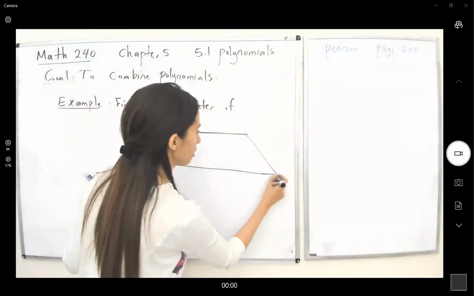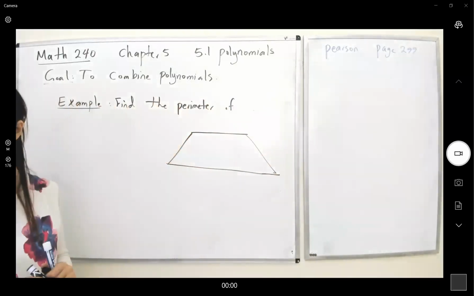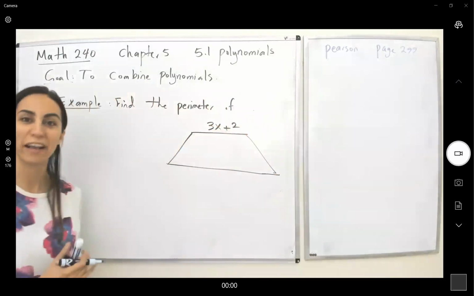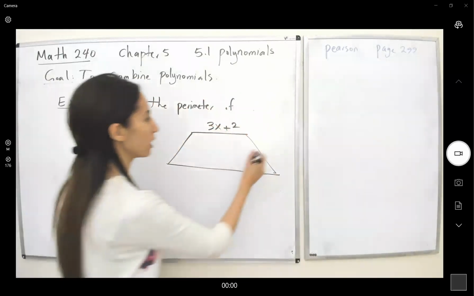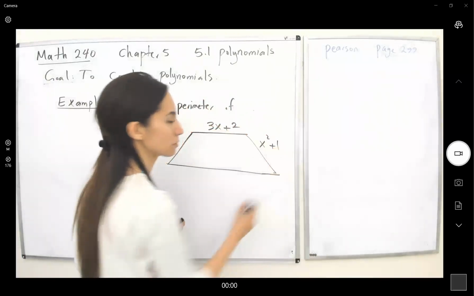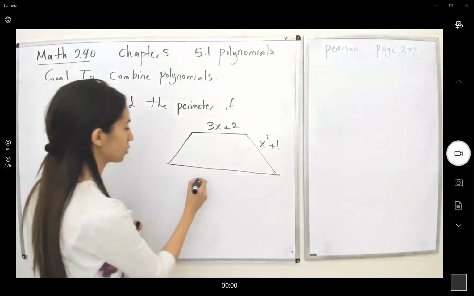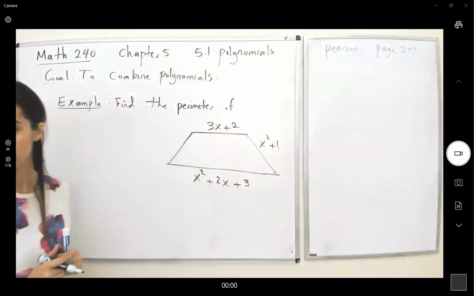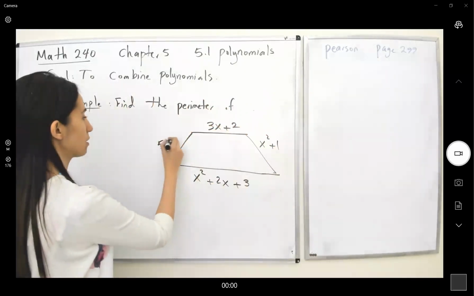All sides are given as expressions: 3x plus 2, x squared plus 1, x squared plus 2x plus 3, and finally 5x plus 3.